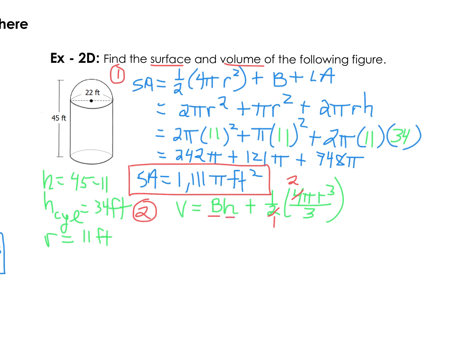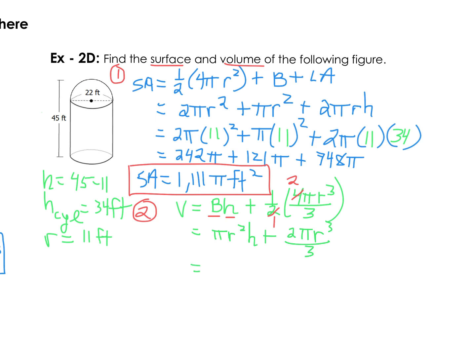So our volume really is going to end up being for our big B, which is our circular bottom here, that is pi r squared times the height of the cylinder, which we already have both of those, plus 2 pi radius cubed divided by 3.